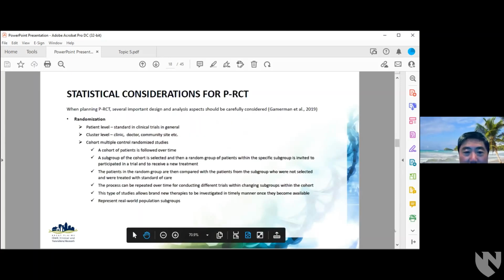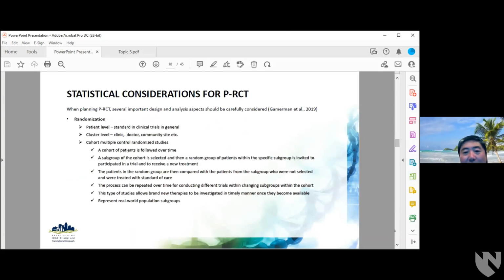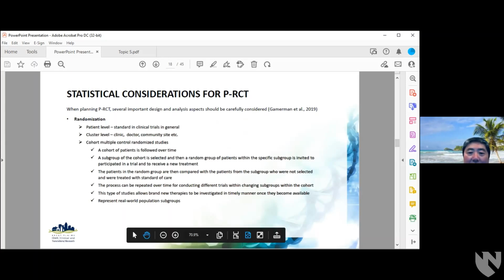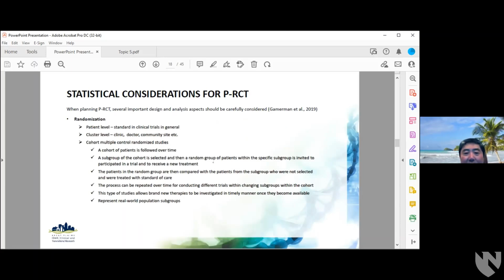Now let me just focus on the pragmatic trial as an RCT. From a statistical perspective, what should we look into? This is guidance from the government in 2019 that highlights the aspects from a statistical perspective when you're thinking about a pragmatic trial RCT.